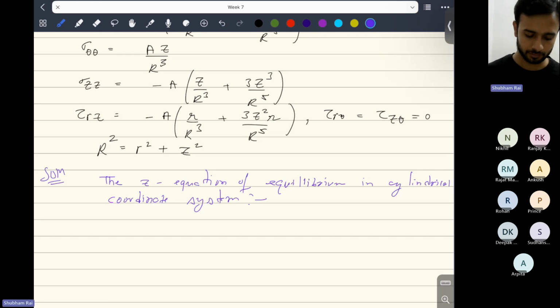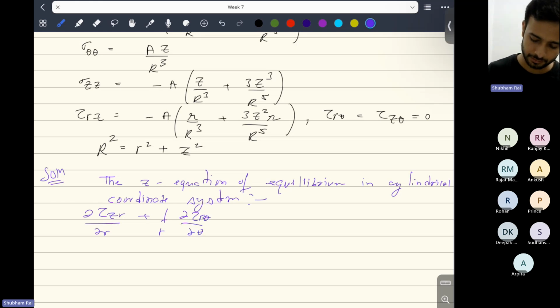So what is that? You remember? It is del of tau Z R over del R plus 1 over R del tau Z theta over del theta plus del sigma z z over del z plus this extra term, tau z r over r, plus rho bz, and there is no acceleration.